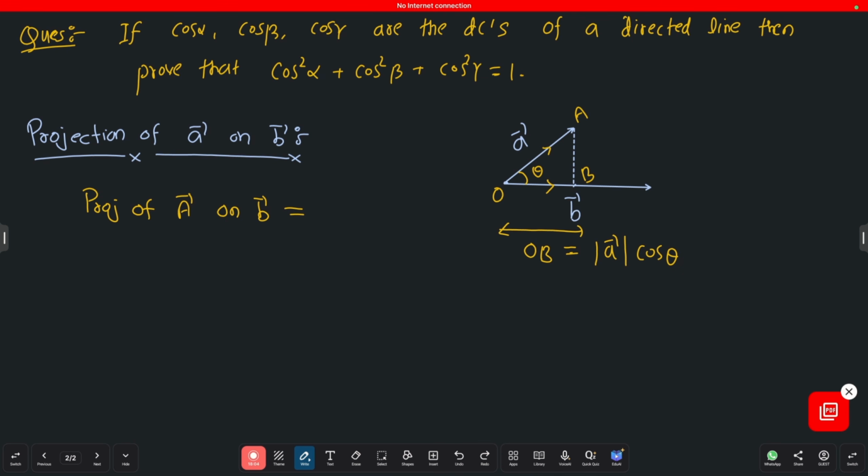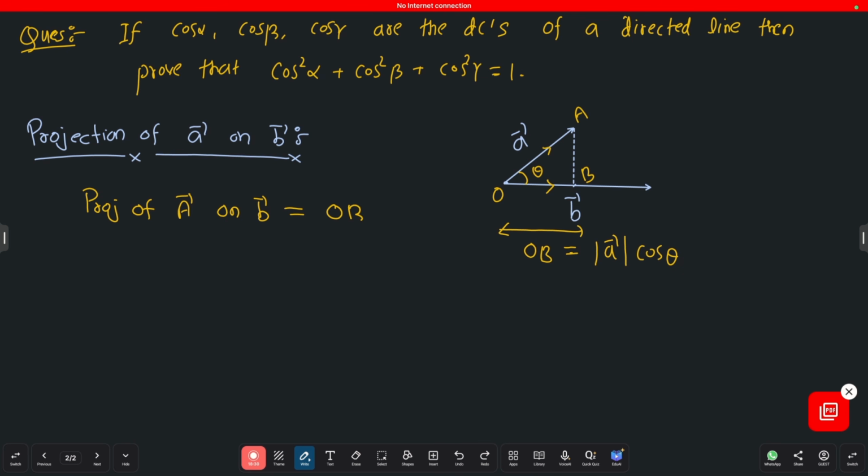This is very important. And you know already the formula for cos theta: if theta is the angle between A vector and B vector, then cos theta is A dot B upon mod A mod B.